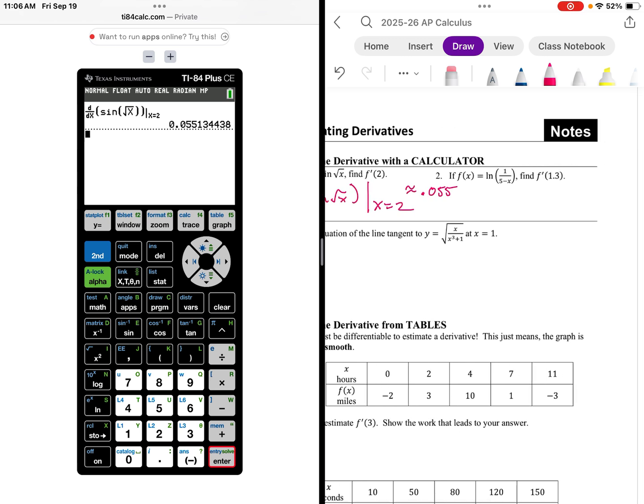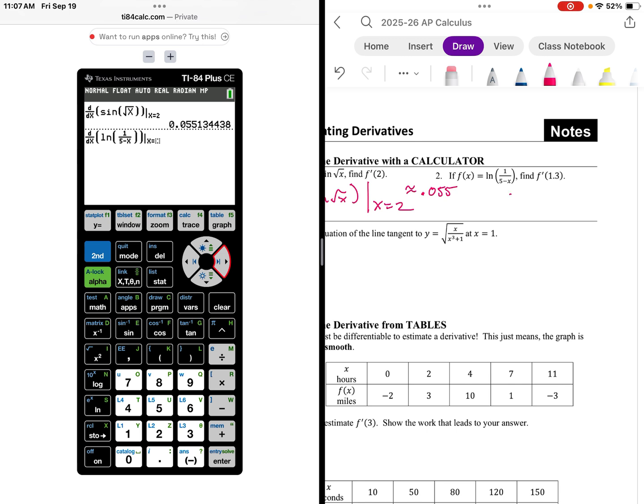All right, let's try the second one. Second one here, we're going to say math, option 8. I'm going to take the derivative with respect to x of the following function: ln, and then we've got a fraction, so 1 over 5 minus x. Get outside of that fraction, then close the ln function, arrow out, and say I want to do it for x equals 1.3.